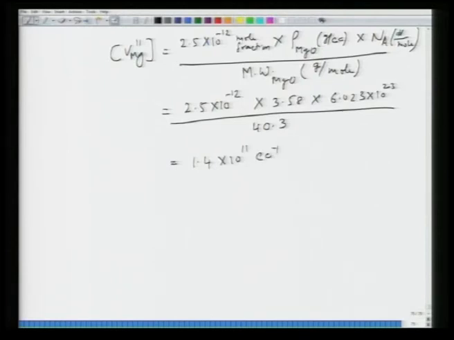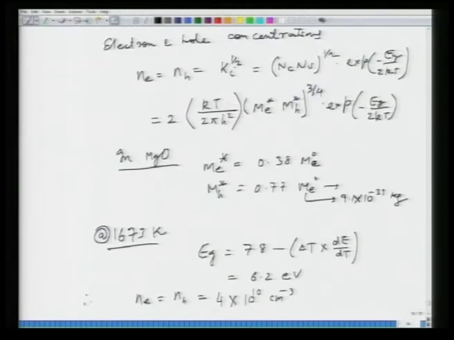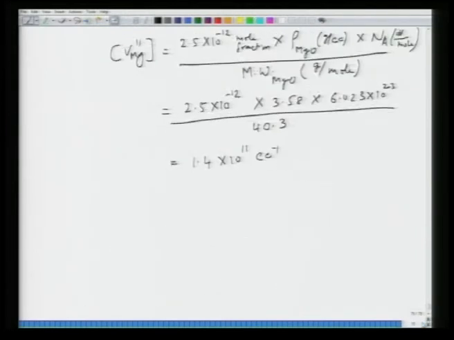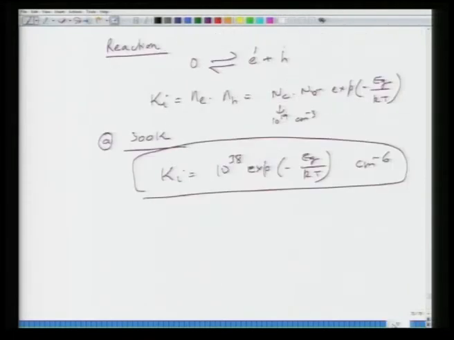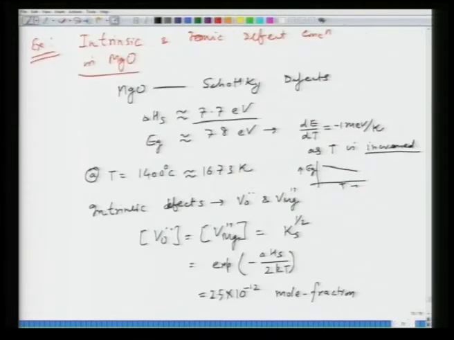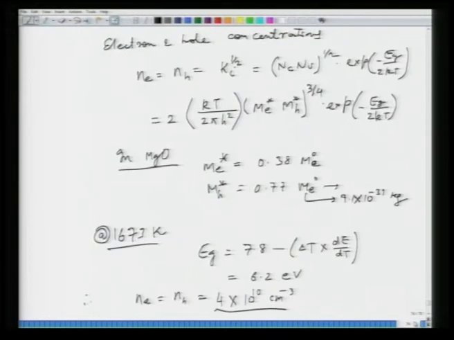So, if you compare these two magnitudes, here you get 4 into 10 to the power 10 and here you get 1.4 into 10 to the power 11. At 1400 degrees centigrade, if you look at the previous energies, the defect formation energy is 7.7 electron volt and the band gap is about 6.2 electron volt.